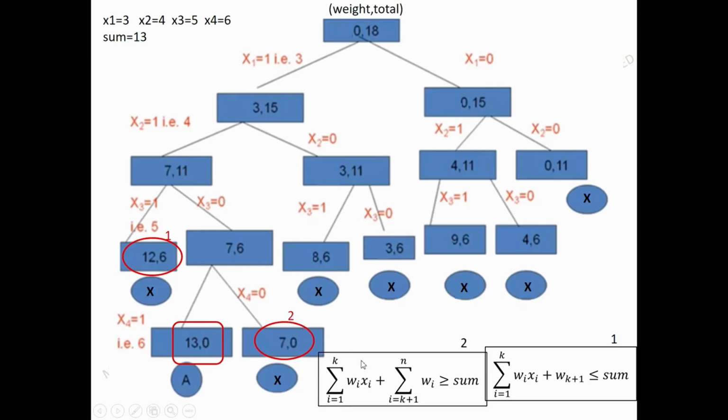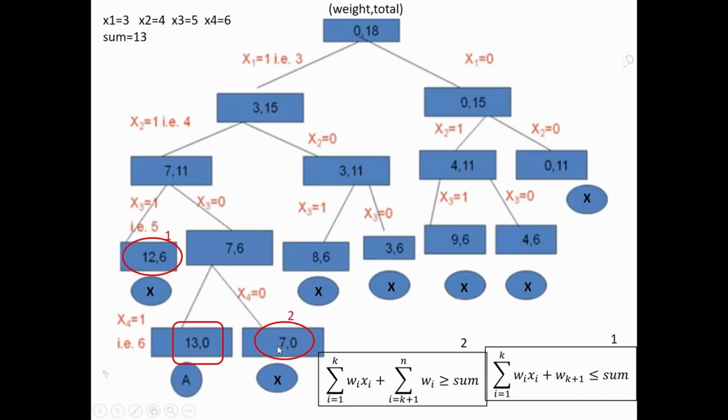The second constraint for the promising node is that the summation of wixi, which is this value 7, and the remaining weights, the sum of both should be greater than or equal to the sum 13. But the partial sum till this level is equal to 7, and the remaining weight here is equal to 0 because the total remaining weight is 0, so that sum is less than the value 13.